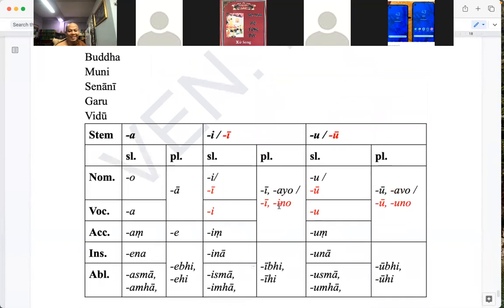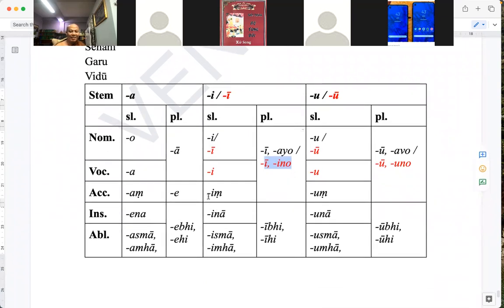Okay, and then Senani. Senani, Senani, Senani, Senino. Senani, Senani, Senino. Senaning, Senani, Senino. Oh, sorry, Senanino.